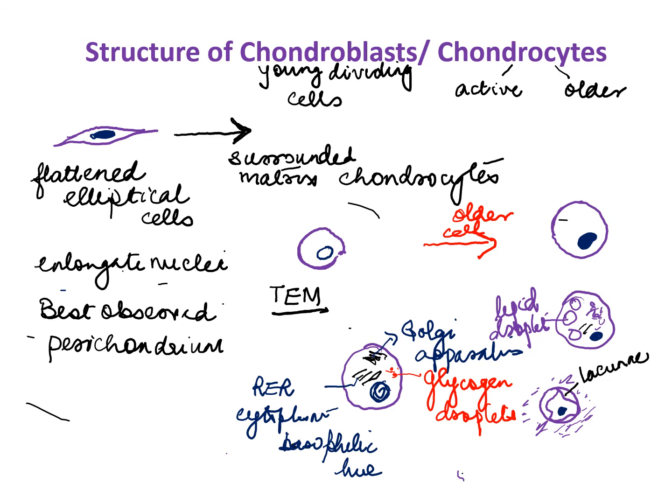Now, these cells, which we are going to see, these chondrocytes, may be singly placed, like we are seeing out here, or in some cartilages, as we'll see, they will be forming these isogenous groups of chondrocytes. That means this individual cell has divided to give rise to these daughter cells.